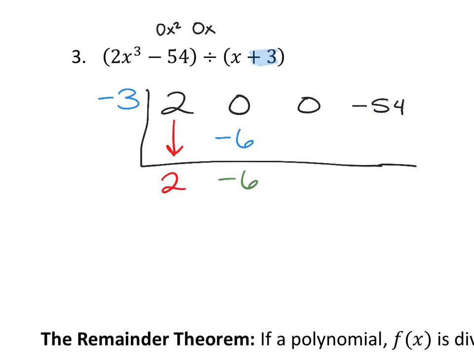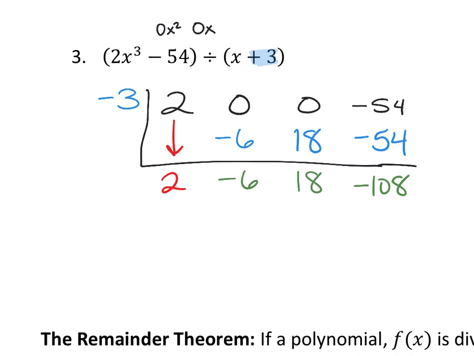What do I multiply now? -6 times -3, which is positive 18. Add straight down. Still 18. Repeat. -3 times 18 should be -54. Add straight down. These don't cancel because they're the same sign. We'd get -108.